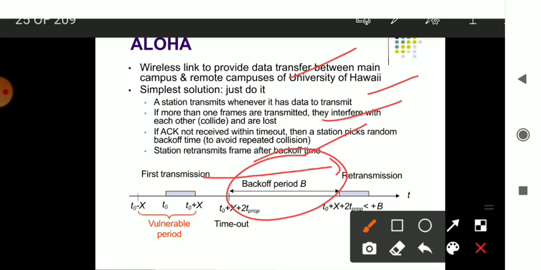The back off shouldn't be too long, or it will collide with many other frames also. Back off may be 1 second or 2 seconds, so that the others also back off for a certain amount of time and the information gets retransmitted.